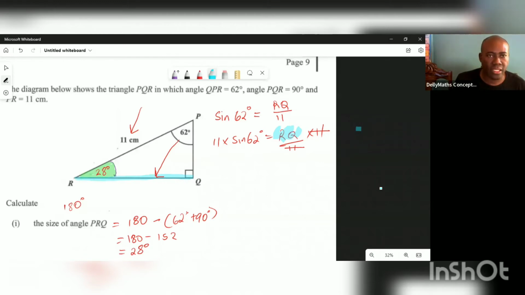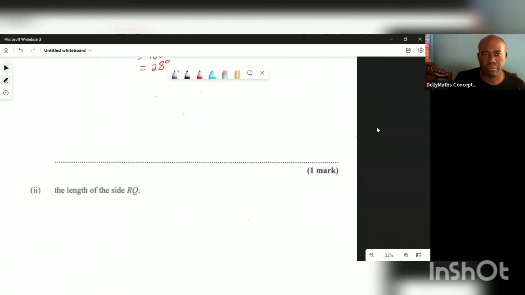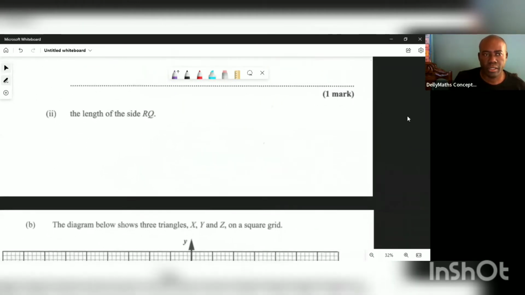And the answer that we're getting right now is 9.71 centimeters, and that is equal to RQ. So 9.71 cm. All right, so we got that 9.71 cm.